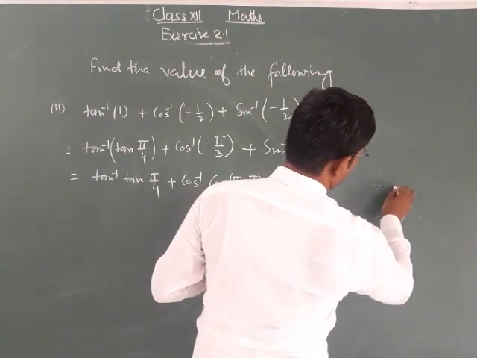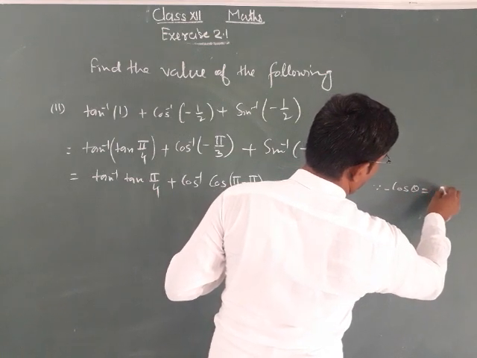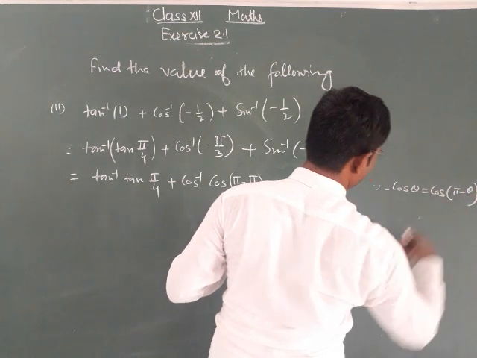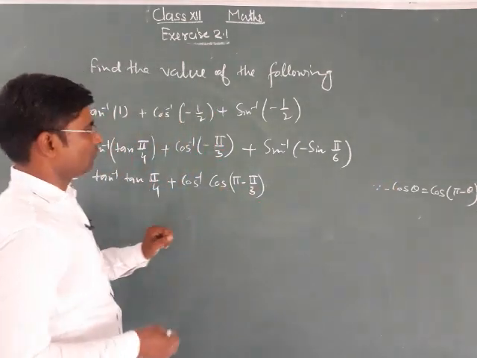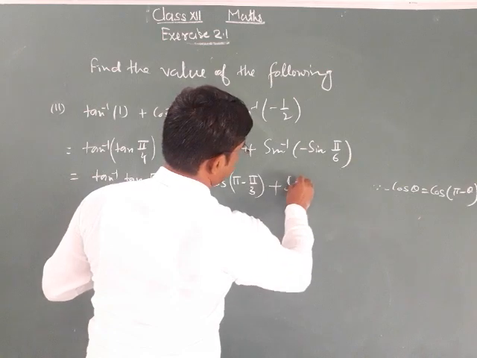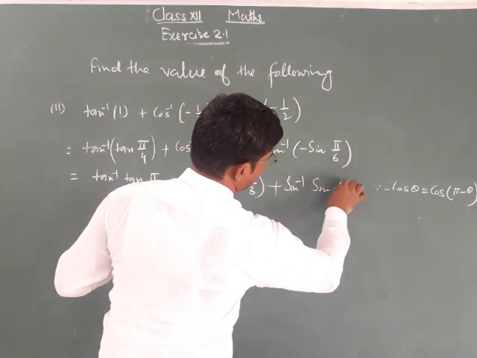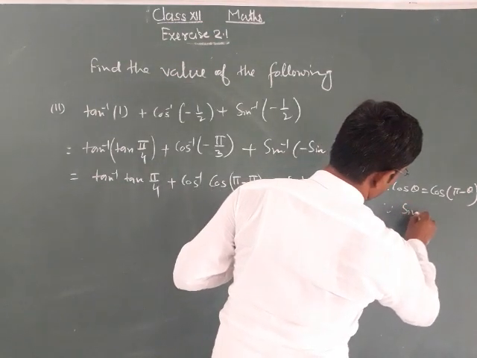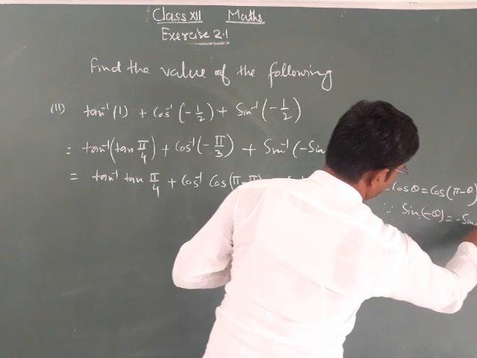Since minus cos theta is equal to cos of pi minus theta, we change it in this form. And sin inverse sin of minus pi by 6, since sin of minus theta is equal to minus sin theta.